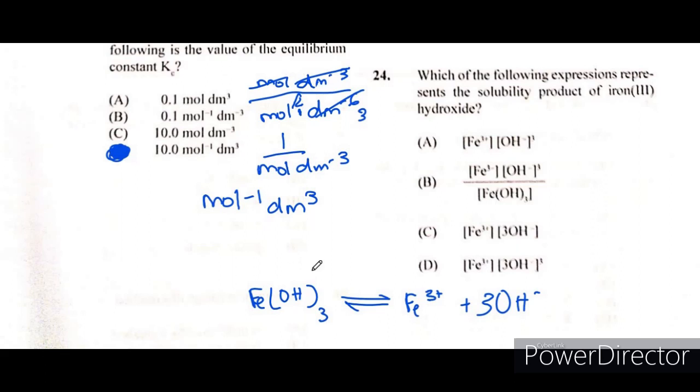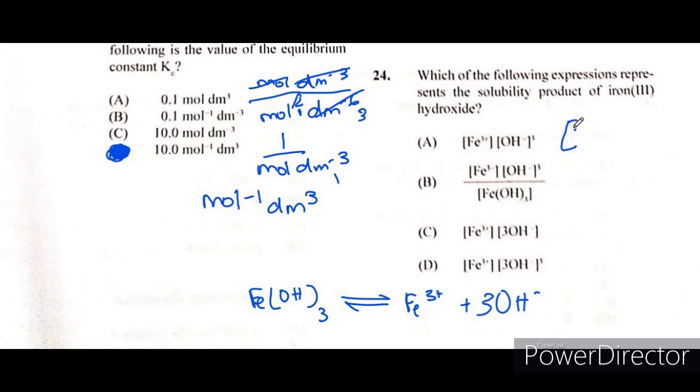Again, charge is balanced, so you know your equation is balanced. Also, we have the same amount of species on both sides, so that's also a way you can see that your equation is balanced.